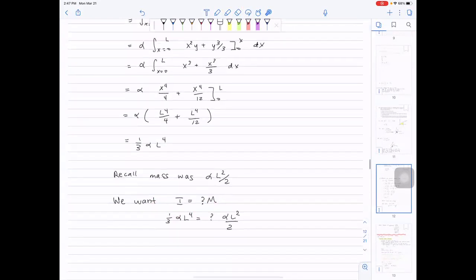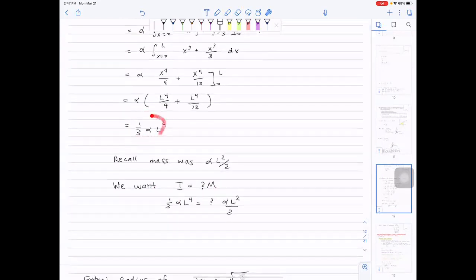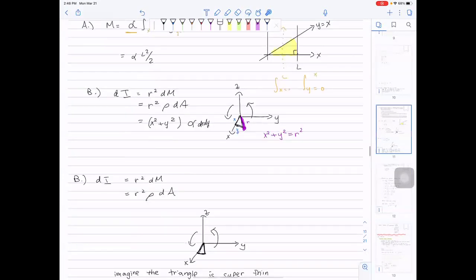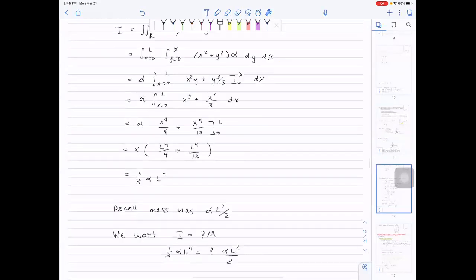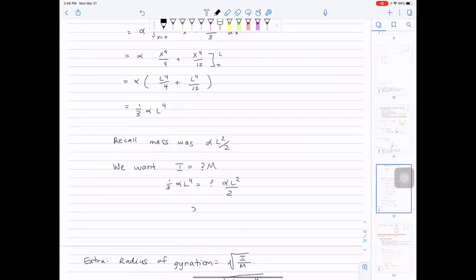So what you want to do is take the moment of inertia that we found, question mark times m, and plug in the moment of inertia, which was 1/3 alpha L to the 4th. In the first part, we found what m was, I believe, which was alpha L squared over 2. So we plug that in and solve for the question mark. The question mark is going to be 1/3 alpha L to the 4th divided by alpha L squared over 2.